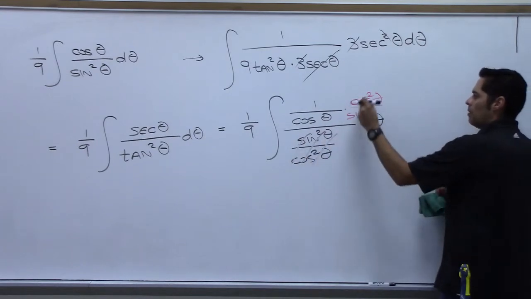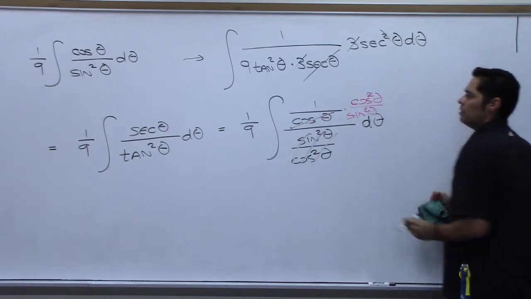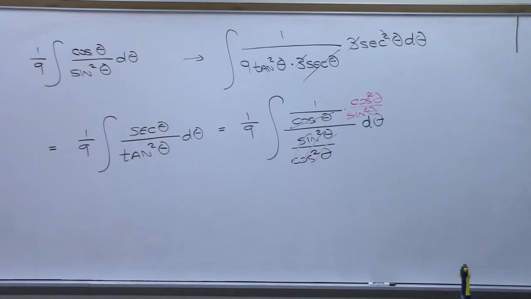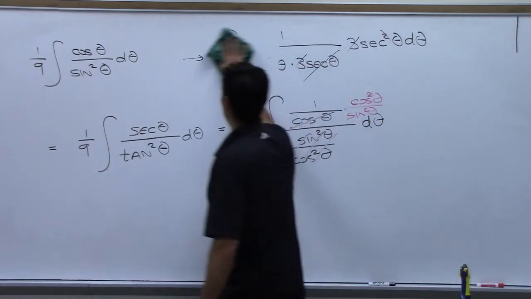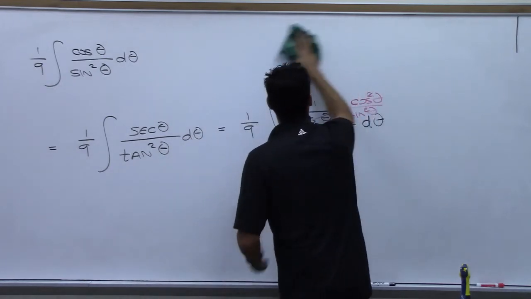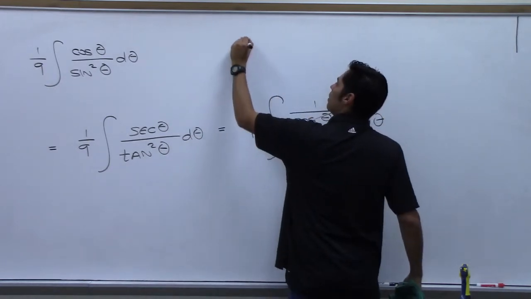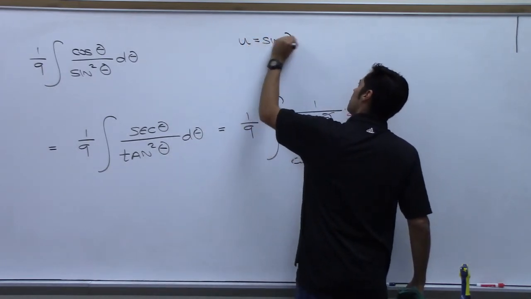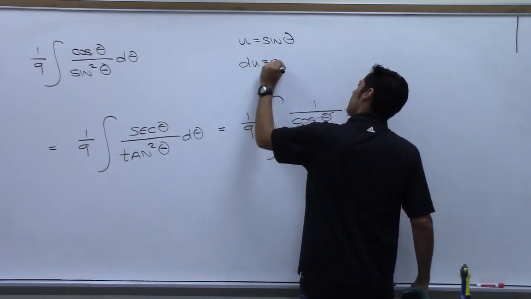So just flip it, right? One of the cosines cancels. So you have a cosine over sine squared. All right, U substitution. Basic U, good old U substitution. What's the U sub I'm going to use here? U is sine theta, because its derivative is on top, right?